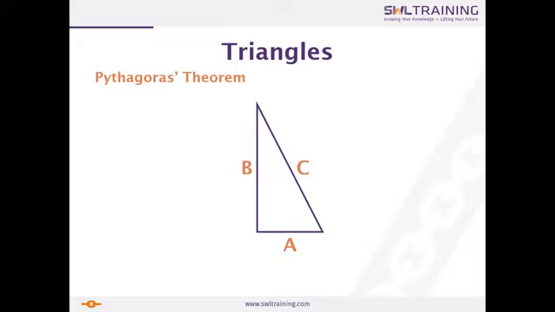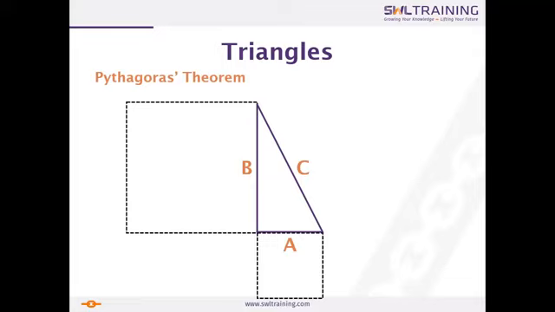The principle of this method is that when you create a square area on each of the two shorter sides of the triangle, as in you multiply the length of each of the two shorter sides by themselves, so A multiplied by A to create a square area, and B multiplied by B to create a square area. When you add the area of those two sides together, that would equal the square area created by the longest side, the hypotenuse.